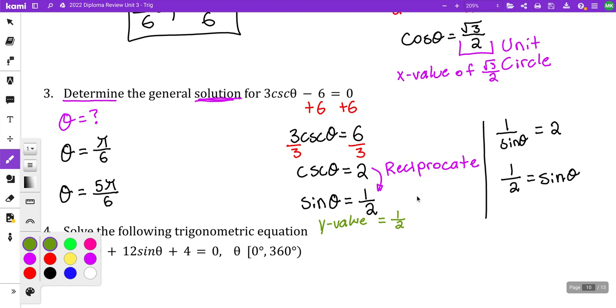To determine that, you take your solution, you add a spin to it, you multiply that spin by n, and you say n is an element of the integers. That's what turns us from a solution to a general solution. Here's my answer. I could then spin as many times as I want and keep getting to the same spot.